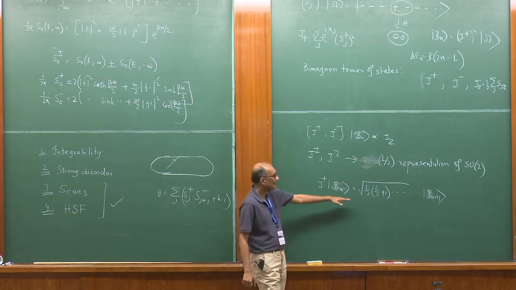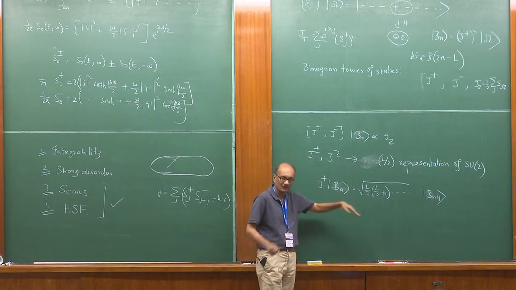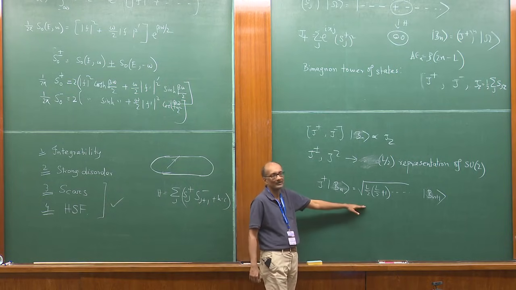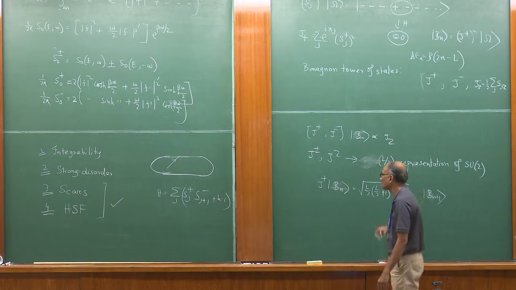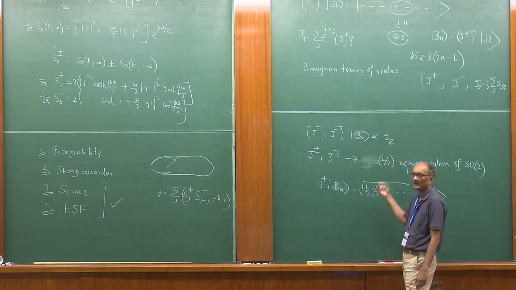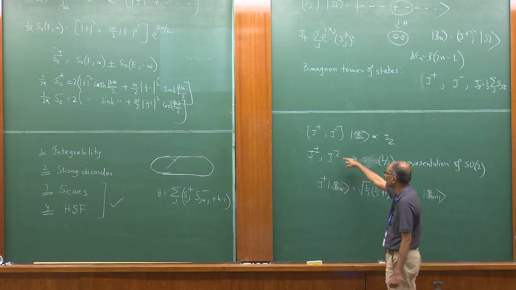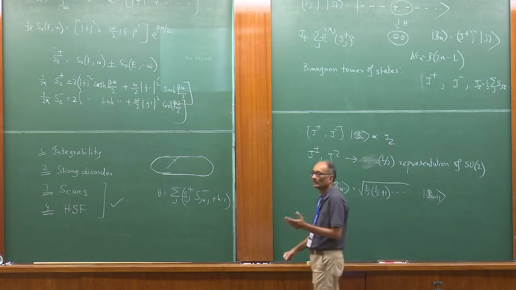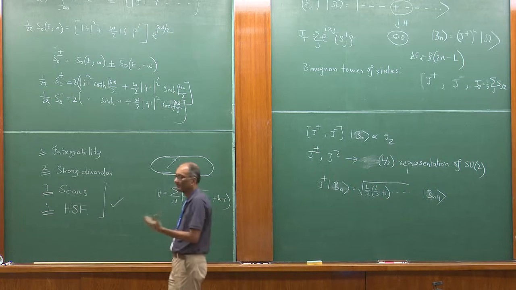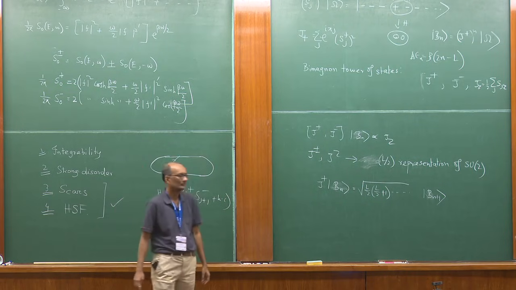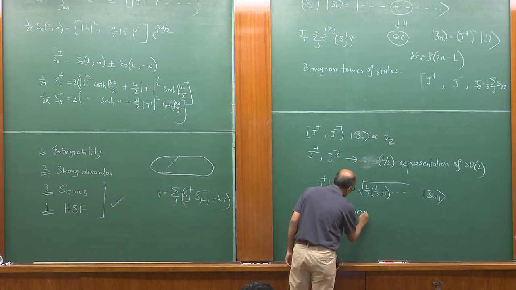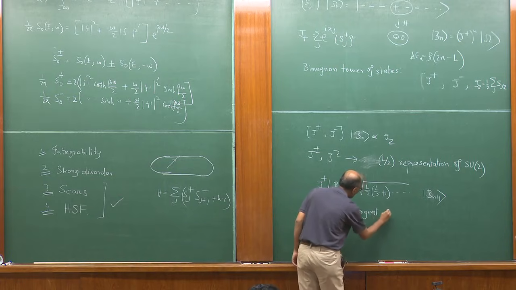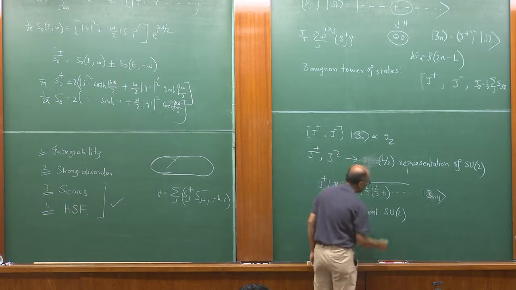This is an example of what in condensed matter, in the context of scars, is called an emergent symmetry. It's not there in the full Hamiltonian, but a subclass of states can be described by an effective Hamiltonian which has this symmetry. In this case, it's really this apparatus which is going to give you the representation of that symmetry. So this leads to an emergent SU2 symmetry.